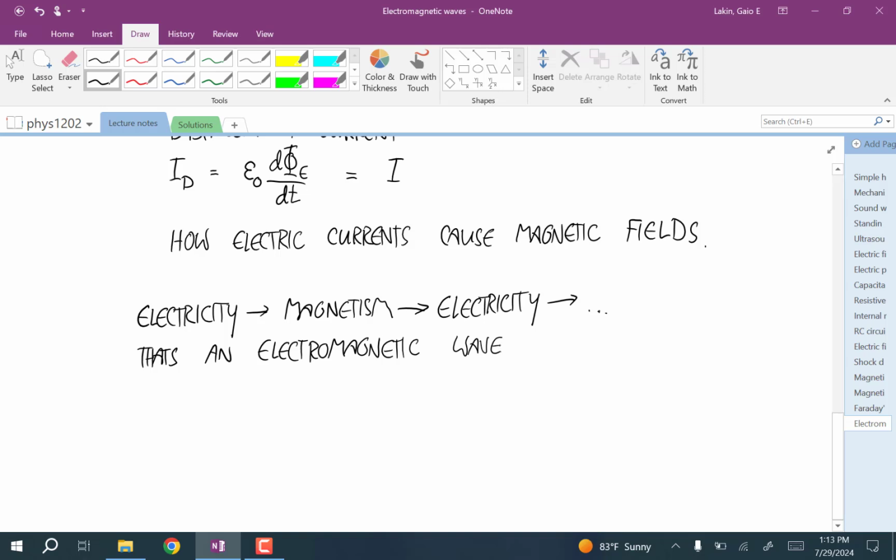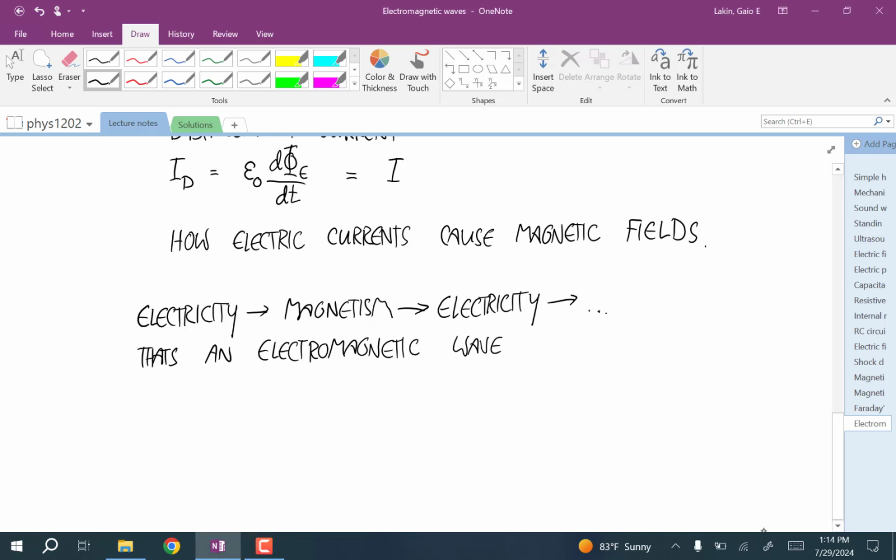And so these four equations together are pretty complicated to work with. But if you make certain smart simplifications, people pretty quickly realized that you could figure out a lot about the nature of these electromagnetic waves.